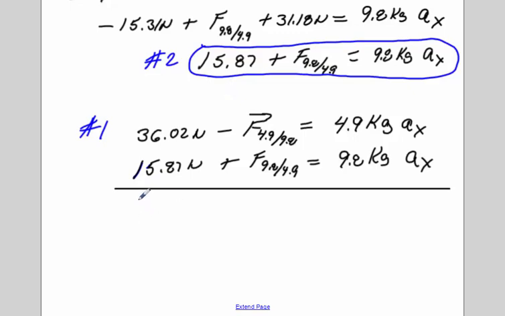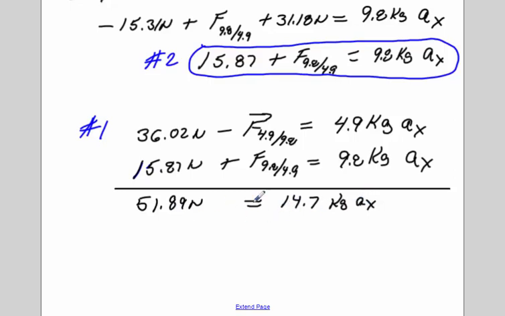This value here is going to give me 51.89 newtons. Well, what I get here, I got 4.9 plus 9.8. That gives me 14.7 kilograms, not newtons, times my acceleration in the x direction.